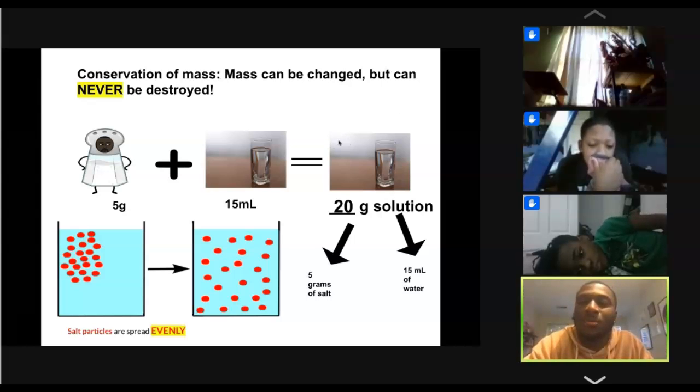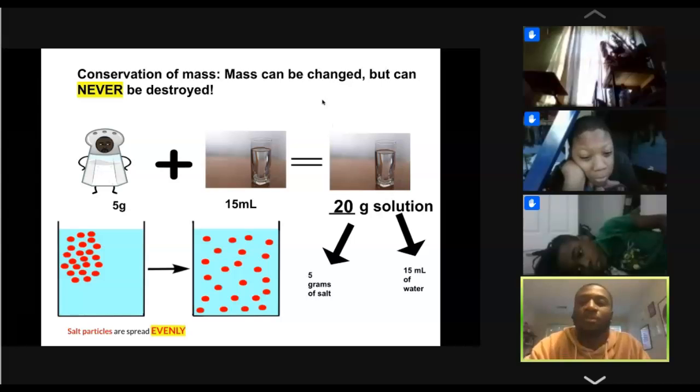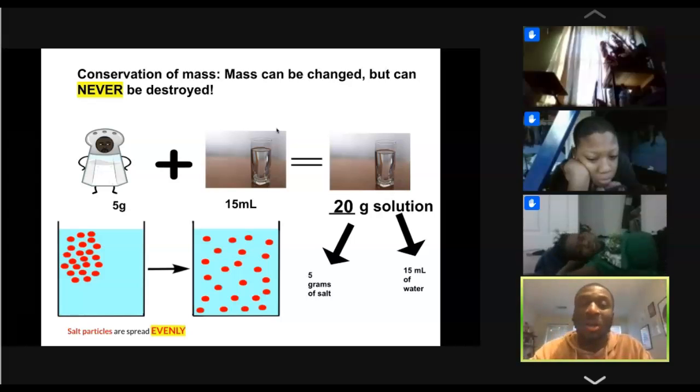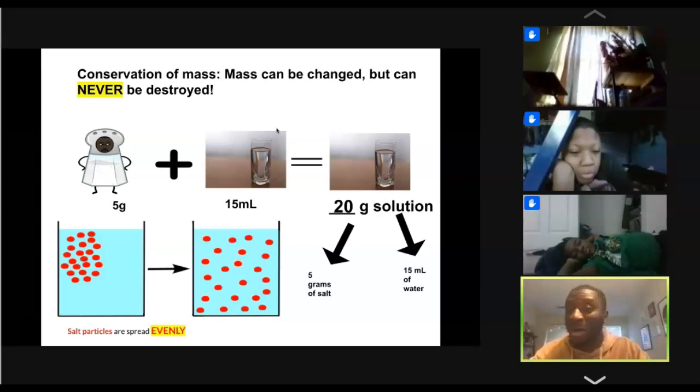Will the number of particles change once it dissolves? If I have a total of 20 grams once I mix my solution, did I get more salt, less salt, or is it the same amount of salt?